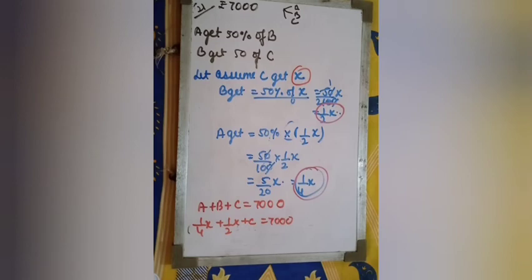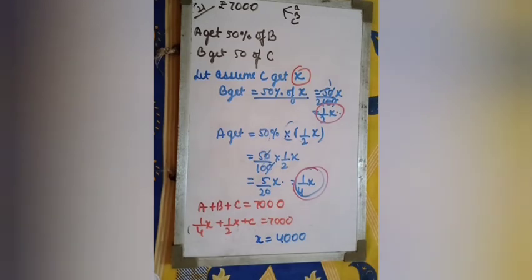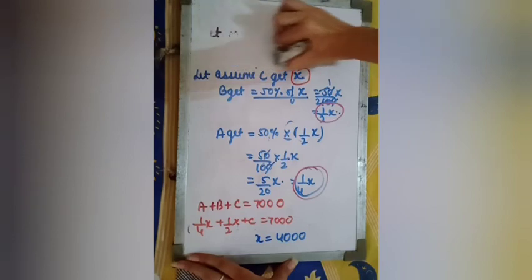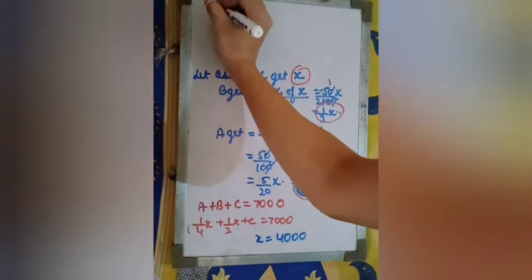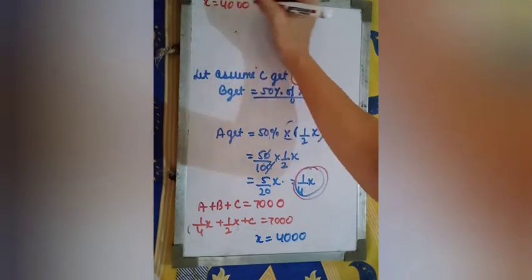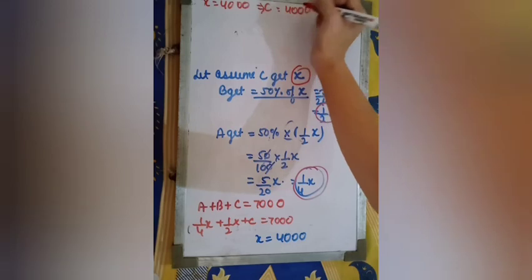You will see the value of x is 4,000. Sorry, from here the value of x you will get, it is 4,000. Now see. X equals to 4,000, that means C gets 4,000.